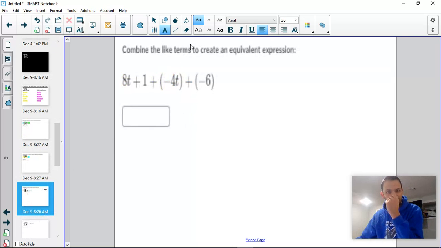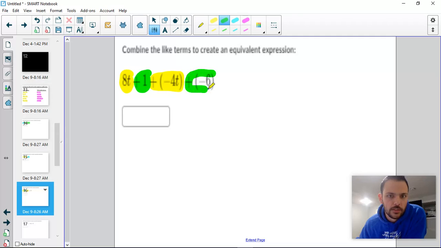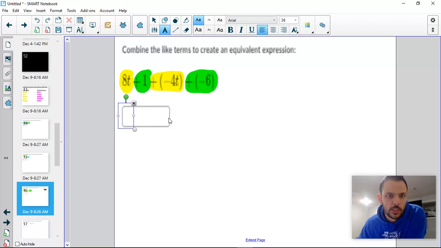Another one here. All right, now we've got some like terms that are kind of separated, but this one has a t, right? So we have 8t, we have plus negative 4t, all right? And then we have plus 1, and we have plus negative 6, all right? So I always like to do the ones with the variables first, all right? That's how I was taught in school.